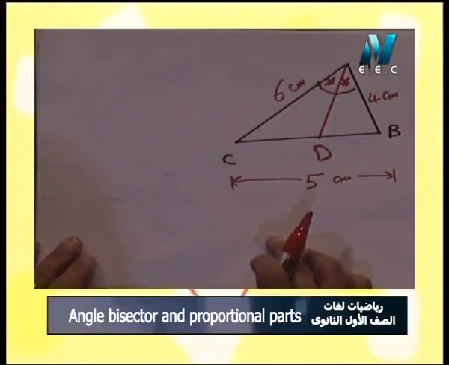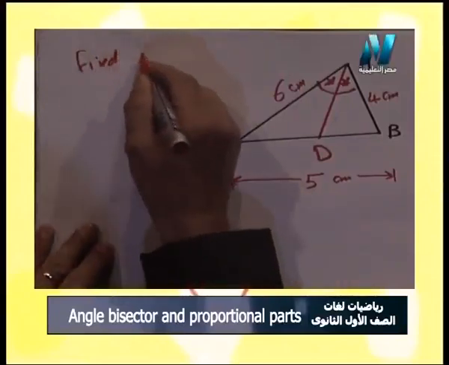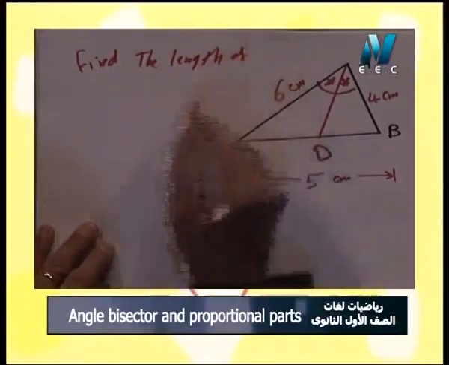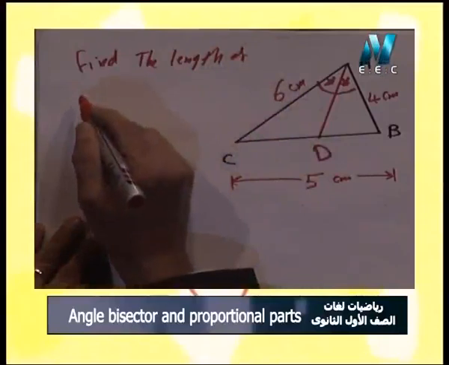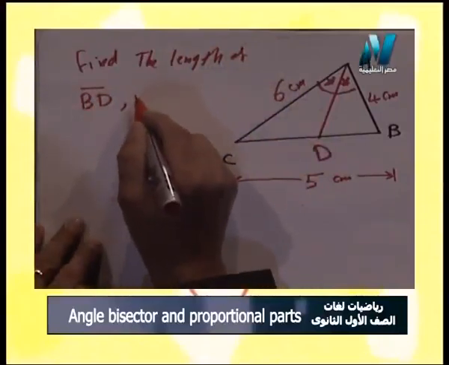The question is find the length of each of the line segments BD and DC.